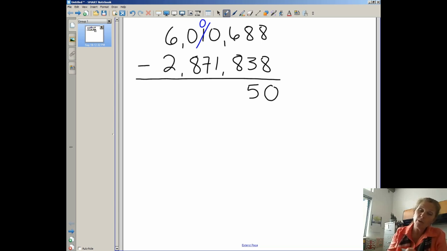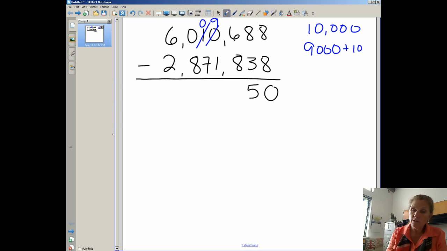What happens when I borrow 2? Remember, this is a 10,000s place. If I borrow one of those, I don't have any left. But what I'm going to do is I'm going to give 9,000 to the thousands place, so that becomes a 9, and I have to give the other 1,000 to the hundreds place, and that is 10 hundreds.